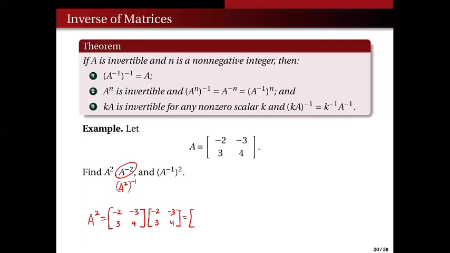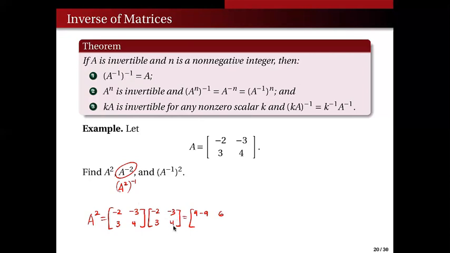So we will have negative 2 times negative 2, that's 4. Negative 3 times 3, so that's minus 9. And then we have negative 2 times negative 3, that's 6.